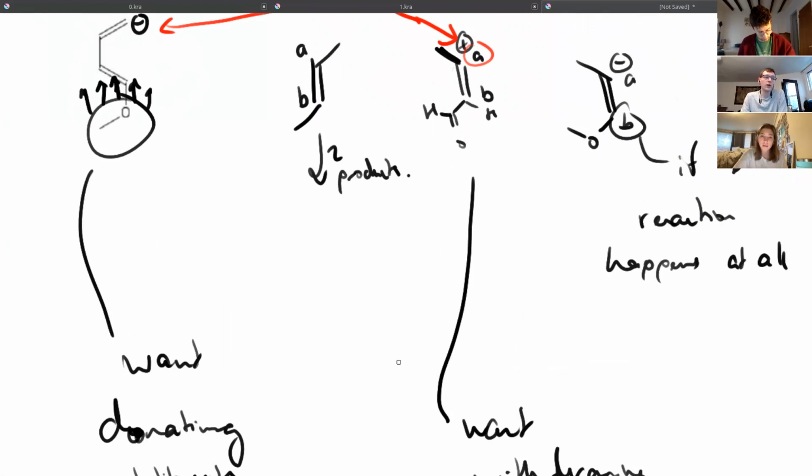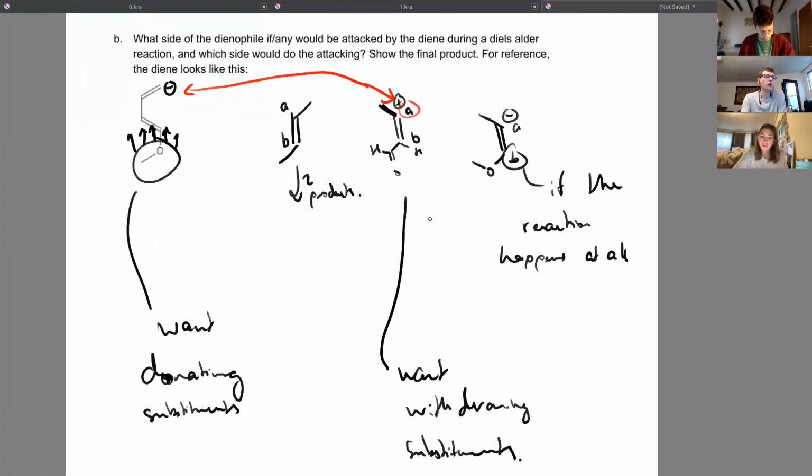Remember here, in this molecule, we're taking advantage of the HOMO of the diene. It's giving up its extra electrons. So you want to push those up higher in energy, because that way they'll leave the molecule easier.